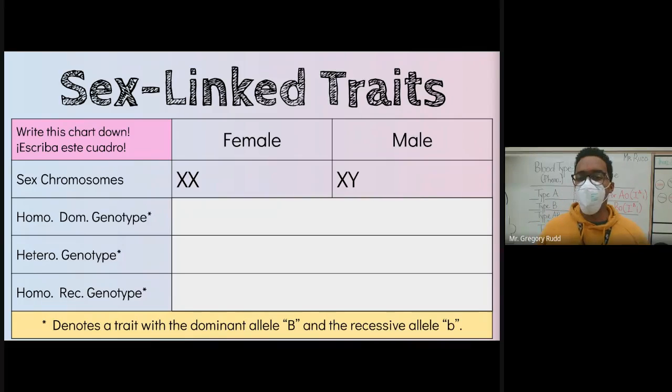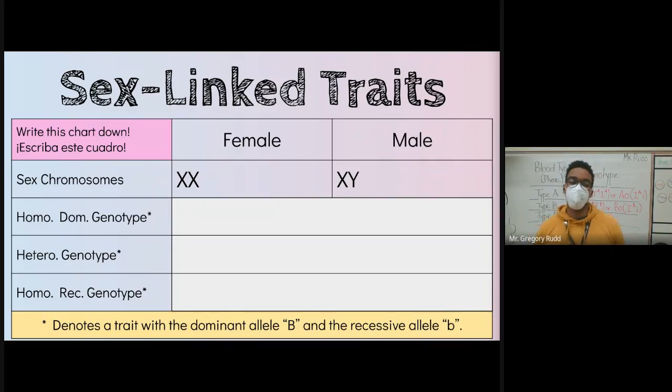So just like with all of these other traits and inheritance patterns, you of course get 2. You get 2 chromosomes, you get 2 alleles. The reason for this is that you've got 2 biological parents. Your biological father contributes 1 and your biological mother contributes the other. So we always are going to have 2 chromosomes, and each chromosome has its own alleles as well.